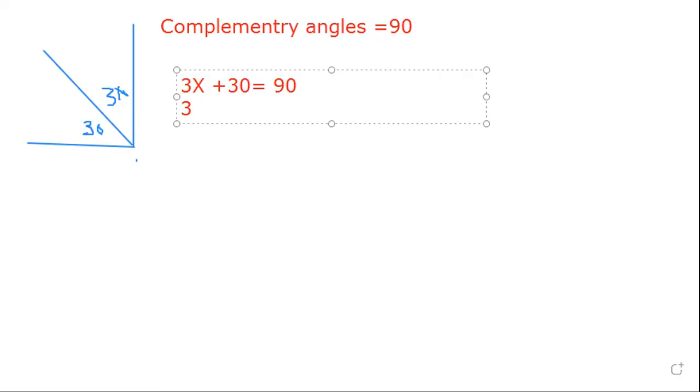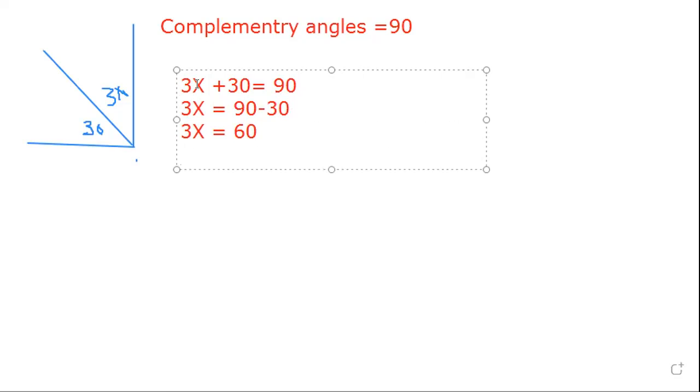We will write 3x, and then we will transfer 90 to the opposite side with a different sign. Did you remember? Then we have now 3x equal to 60. Then what do we do to find the value of x?